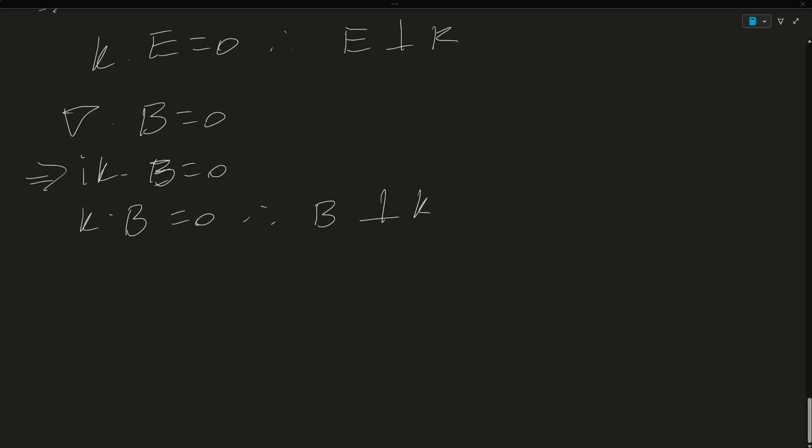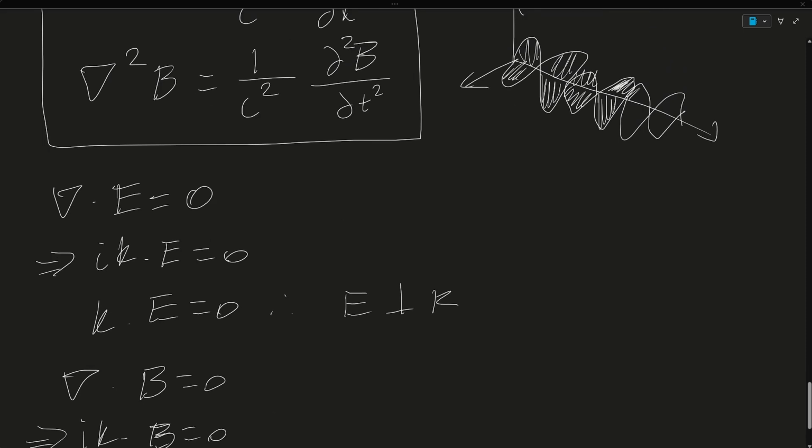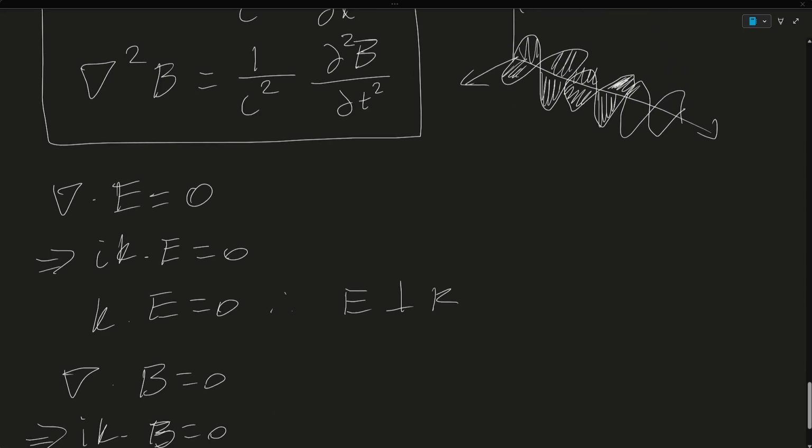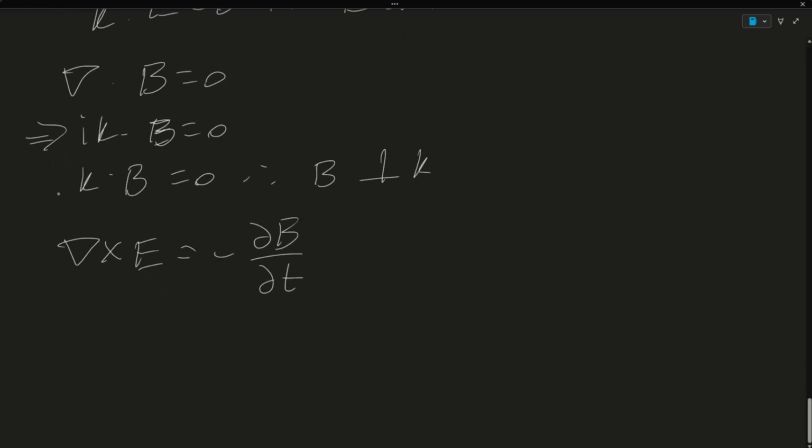Now the last thing we want to prove, because at the moment E and B could be in the same plane, is orthogonality between E and B. So we can take Faraday's law. I think this would work as well with Ampere's law, but I'm going to take Faraday's because that's what's in my notes. Yeah, we should be familiar with that by now.